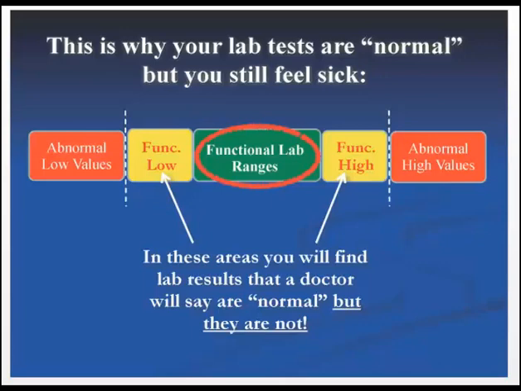However, we can read it completely differently with newly established functional lab ranges to pick up hidden issues in just normal regular blood work, not even using the functional testing at this point, but just looking at the normal blood work that you've had. We can use these new established reference ranges, called functional ranges, to pick up hidden discrepancies when the doctor is basically saying that everything looks normal and of course you're not feeling normal.